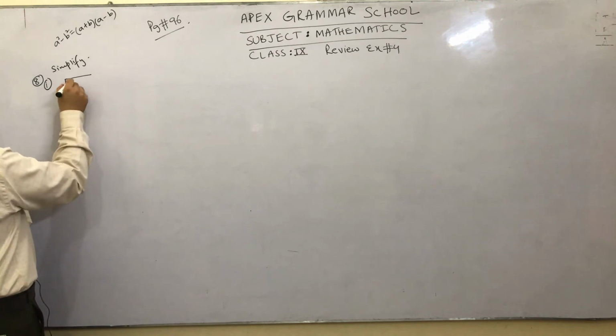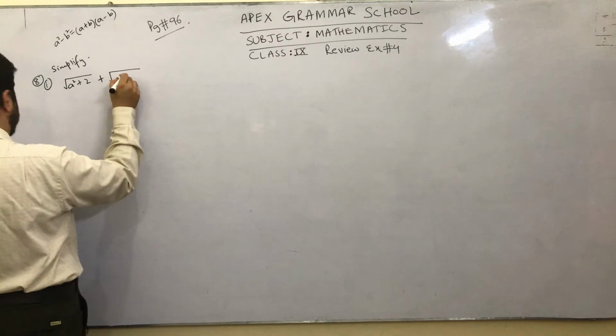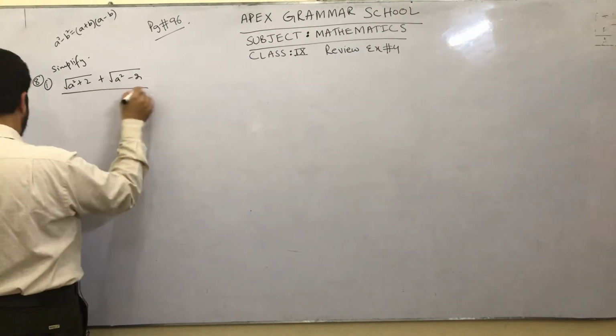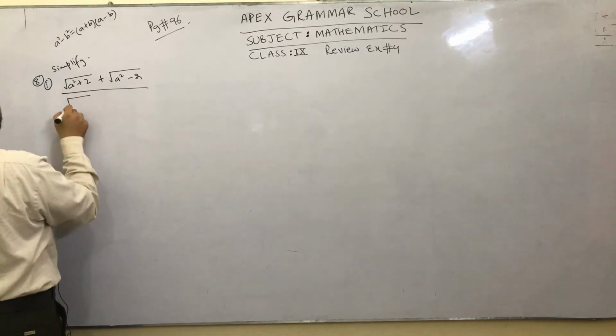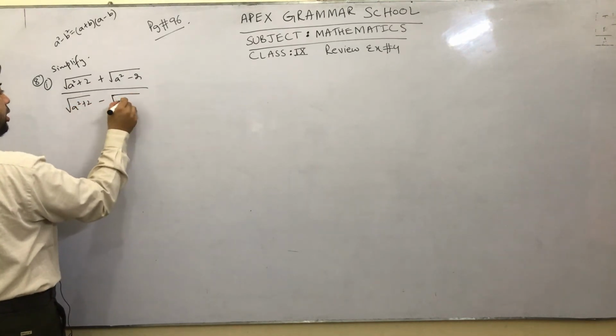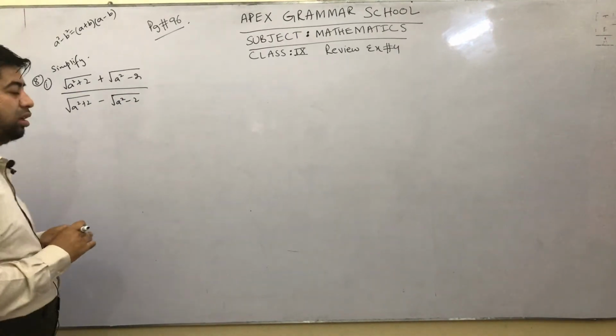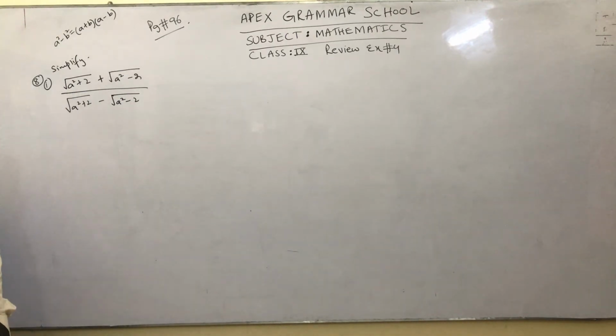Square root a square plus 2 plus square root a square minus 2, over square root a square plus 2 minus square root a square minus 2. We just have to simplify it. How can we simplify it?